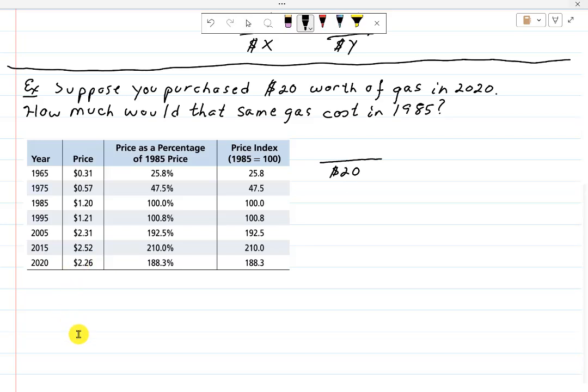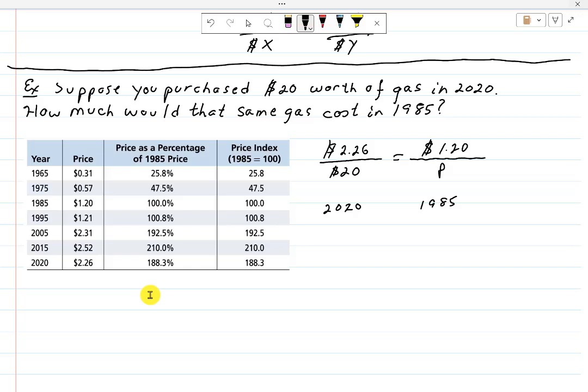So we're going to have $2.26. On the other hand, that was for the year 2020. And then for the year 1985, let me fill out the corresponding details. The reference number here is $1.20. And we don't know what the price was back then.